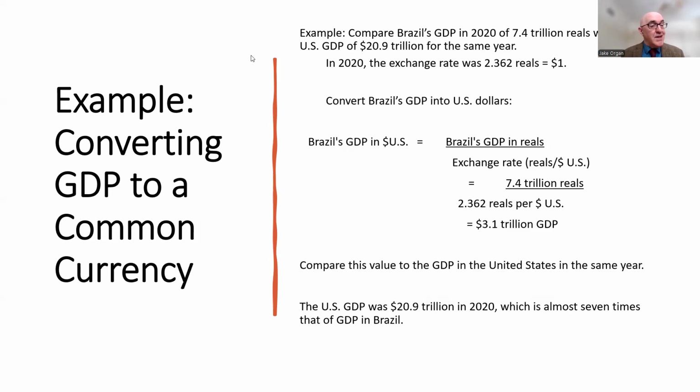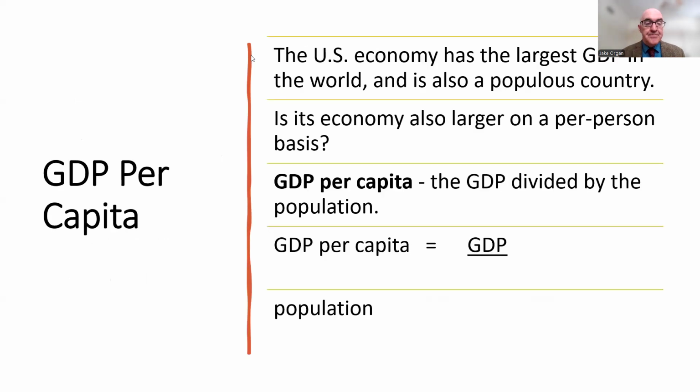But it also means that you can say that the US economy is 7 times the size of the Brazilian economy. But then there are twice as many Americans as there are Brazilians. Brazil's a big country, 200 million people, or 190, something like that. And the US is like 330, 340 million.